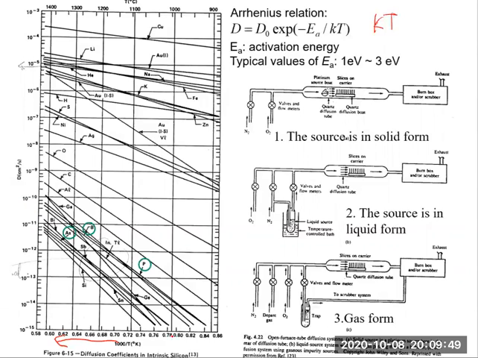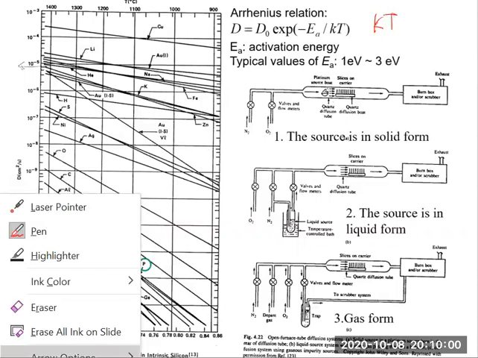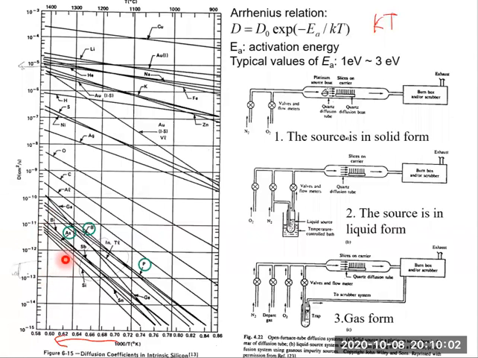If we go from right to left, the temperature is higher. In this figure, we can observe arsenic, boron, and phosphorus. They are the main doping materials for silicon. Some are p-type, some are n-type.